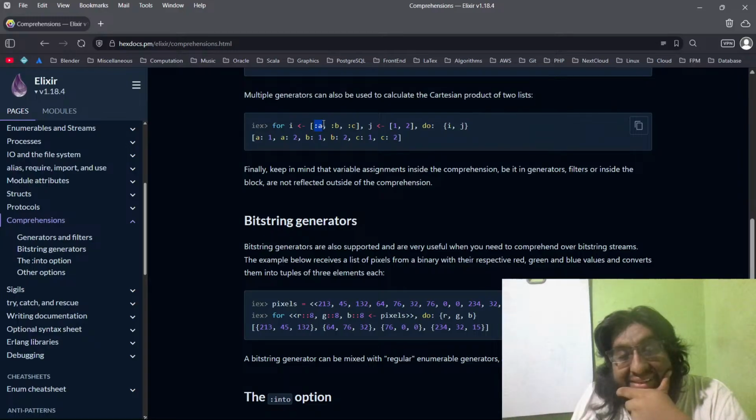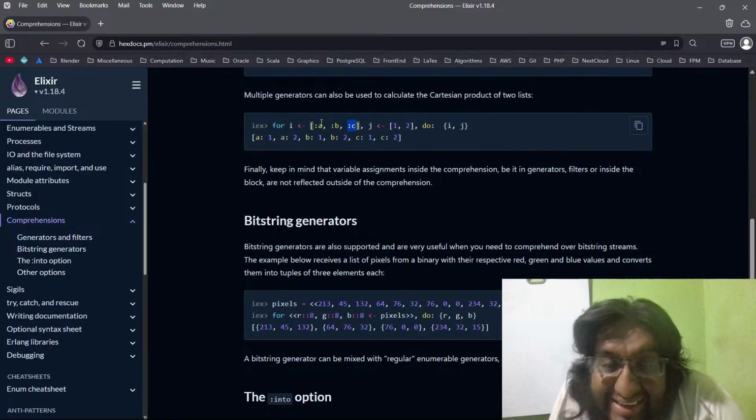Okay, you have your atoms, remember, prefix colon, atom, and then another generator, and then you do one tuple.